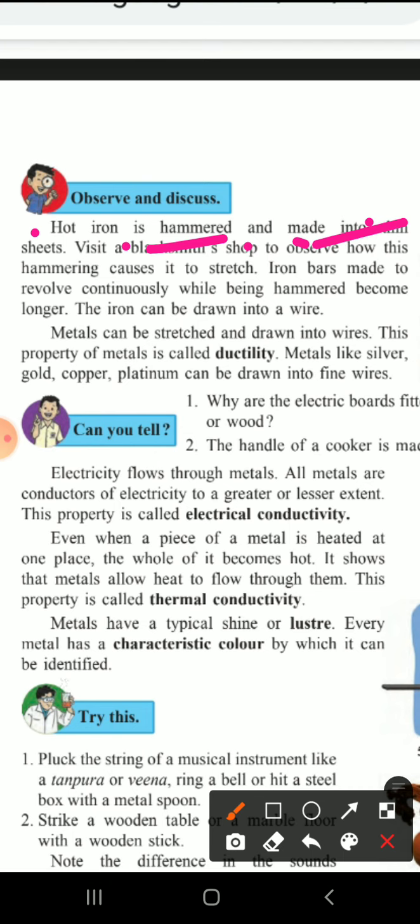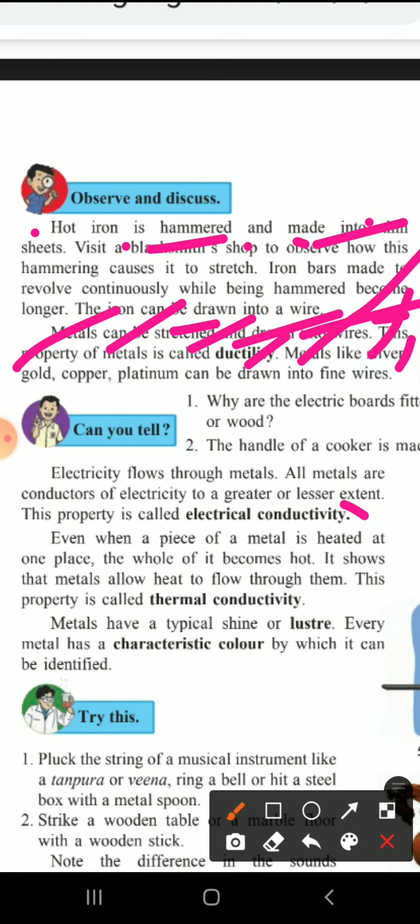While being hammered they become longer, and the iron can be drawn into a wire. Metals can be stretched and drawn into wires. This property of metals is called ductility. Metals like silver, gold, copper, platinum can be drawn into fine wires.